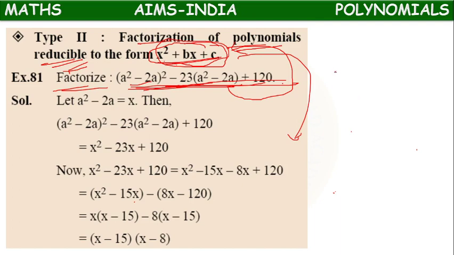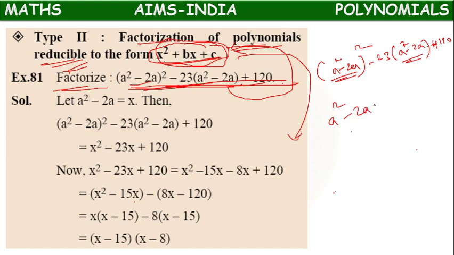So what is the expression given here? (a square minus 2a) whole square minus 23 times (a square minus 2a) plus 120. Here a square minus 2a is common, so we will assume it as x. Actually it is not equal to x, but we are assuming that.